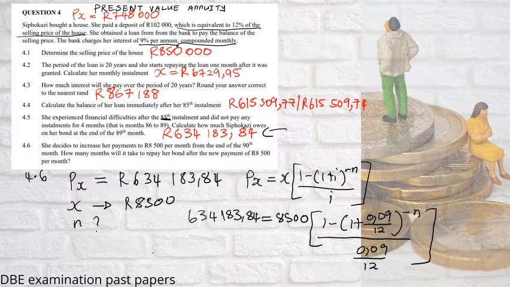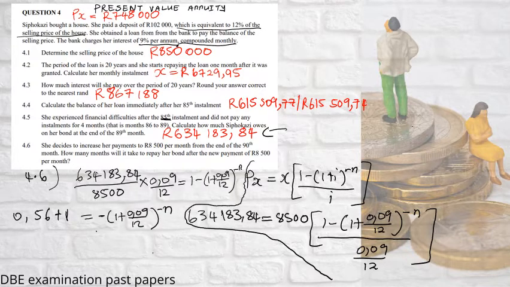From that, we're going to solve for n. How do we solve for n? We divide both sides by 8,500, then we multiply with the interest, then we take that to the other side. Let's just do it.